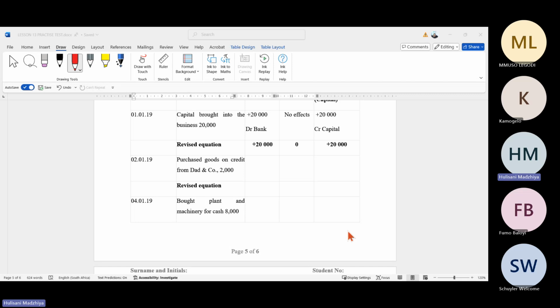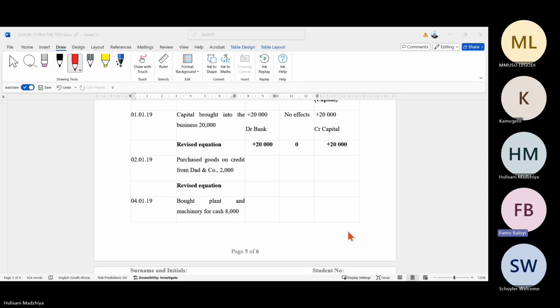Remember the three questions that we did on our first lesson. Analyze the transaction, identify what happened. Second, identify which accounts have been affected and classify the accounts. And then the last is to identify the effect, which is the increase or decrease.